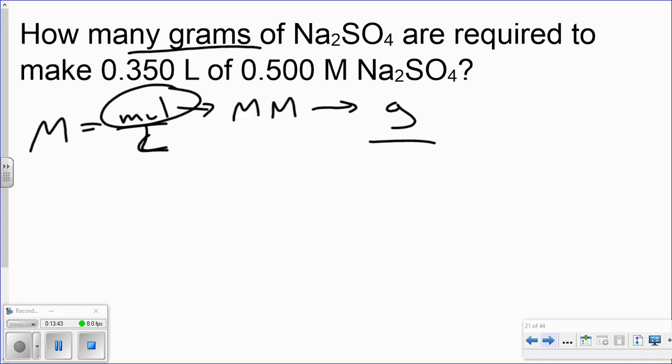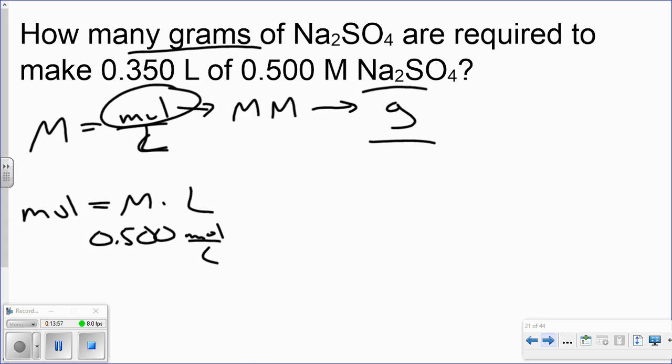So I would simply go moles multiply, again, I'll just show you real quick, 0.500 moles per liter of Na2SO4 times 0.350 liters, you end up with a certain mole amount, I'll call it X, and then convert to mass.